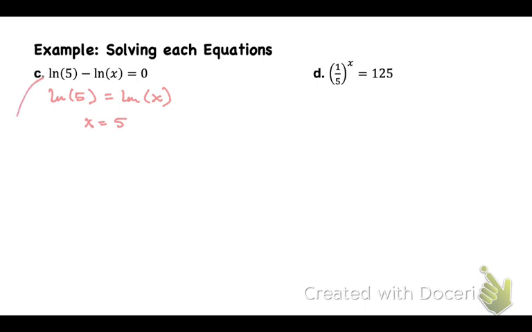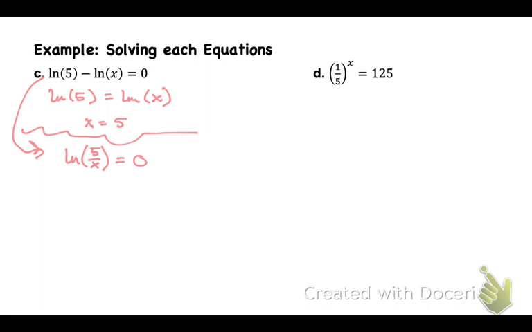Now, the first thing I was asking you, if you wanted to do, is condense. So we'd have the natural log of 5x equals 0. Oh, wait, it's divided. Sorry, not multiplied. So the natural log of 5 divided by x equals 0. So now I'd have to switch forms.